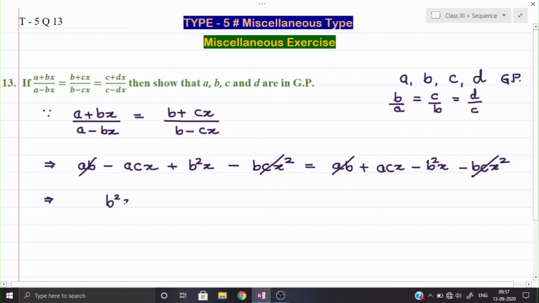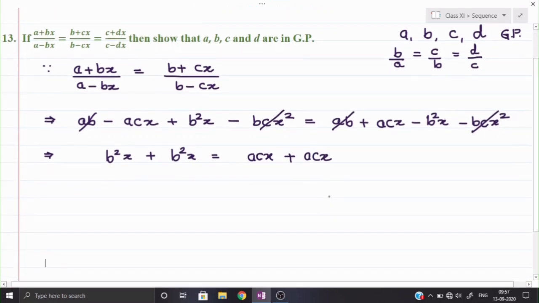This will be b square x plus b square x is equal to acx plus acx. So this will become 2b square x is equal to 2acx. 2 and 2 is cancelled over here.